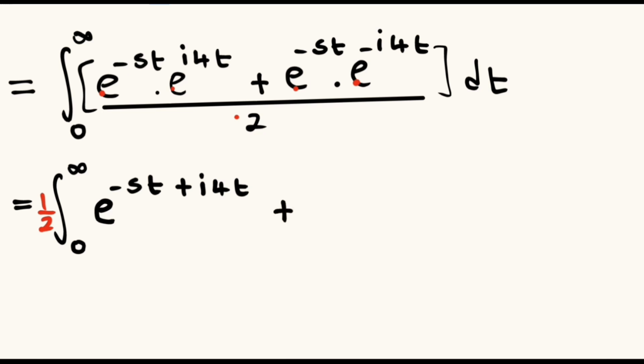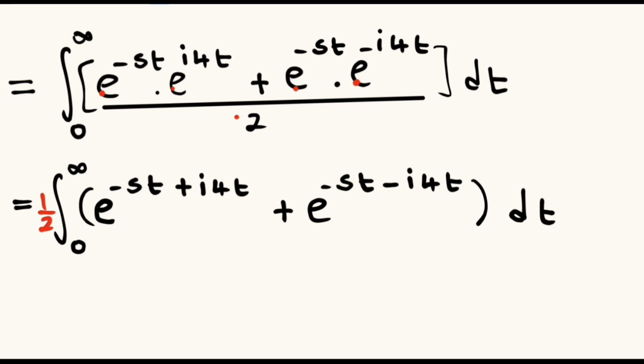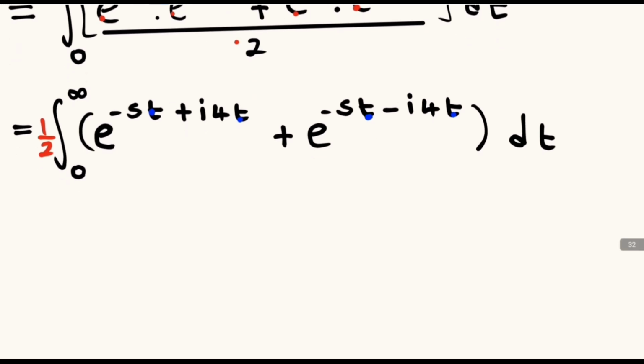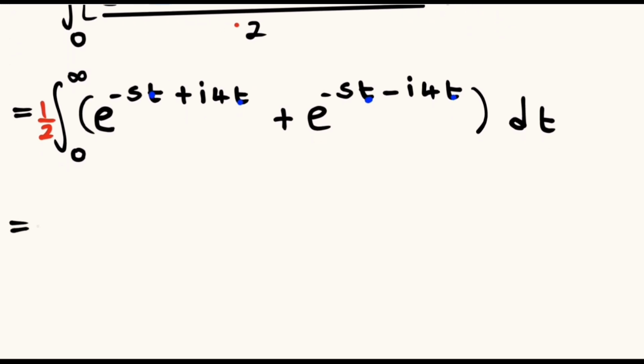plus e raised to the power negative st minus i multiplied by 4t. And we are integrating with respect to t, and in both terms where there is the e, we can see that the t is common, so we are going to take the t as our common factor.